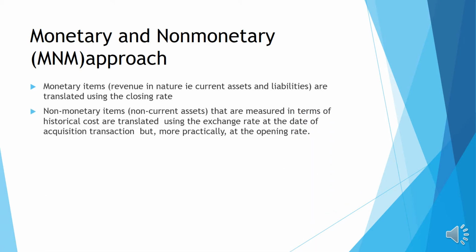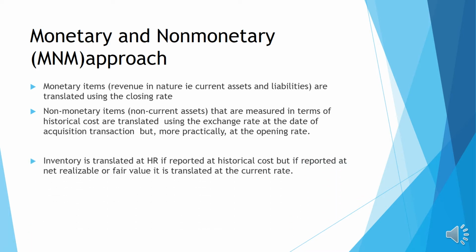Non-monetary items are non-current assets and are measured in terms of historical cost, translated using the exchange rate at the date of acquisition or transaction, but more practically at the opening rate, i.e. the rate as at the beginning of the year.